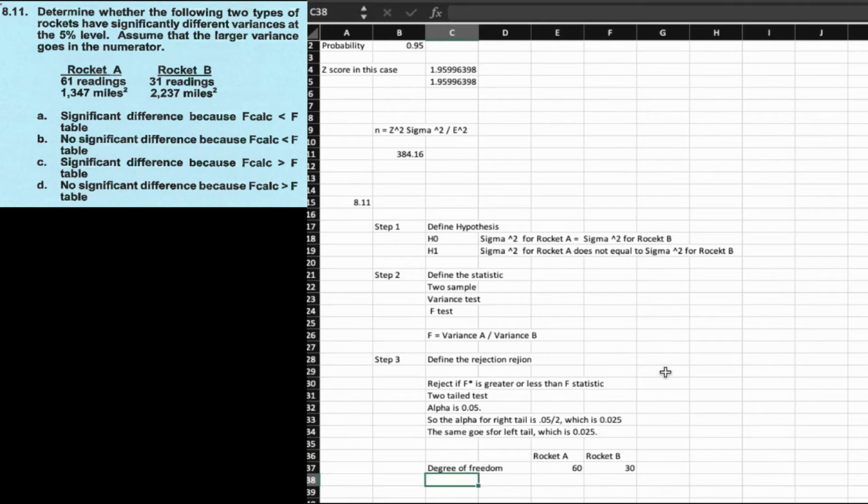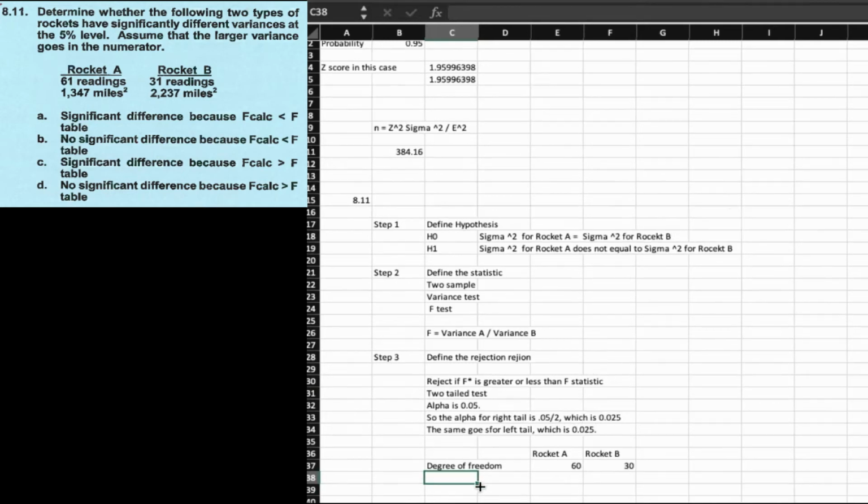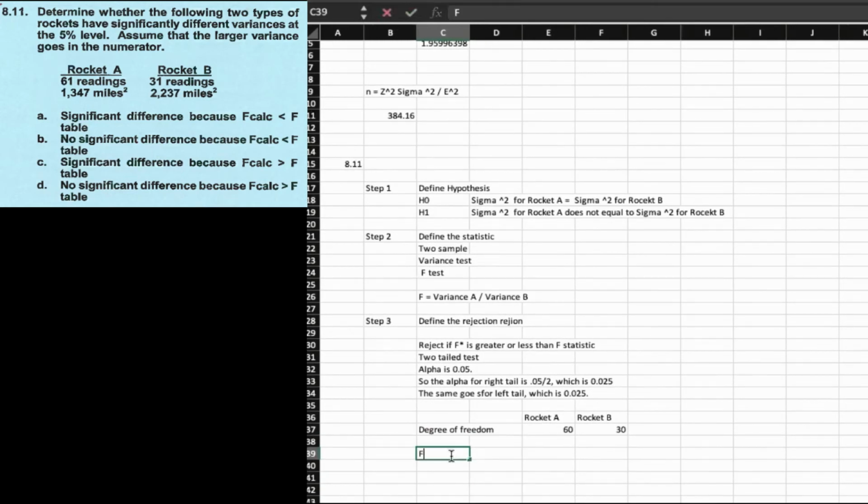So rocket B has to go in the numerator, and rocket A has to go in the denominator. So that's 1,037. So let's go for F test, F, degree of freedom, and F for rocket B, comma, and F for rocket A.